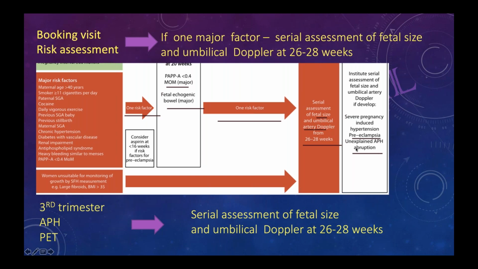So these are the two things from the third trimester. If preeclampsia and unexplained APH and abruption, then your answer will become serial assessment of size and umbilical artery Doppler. So you have this table, you have to remember it by heart. You can't miss even a single word from this, because all questions are gathered here.